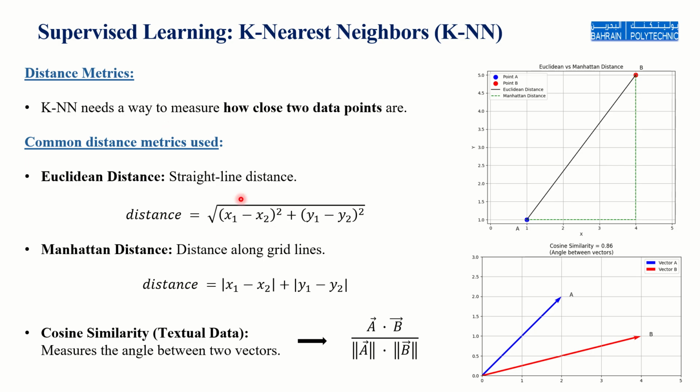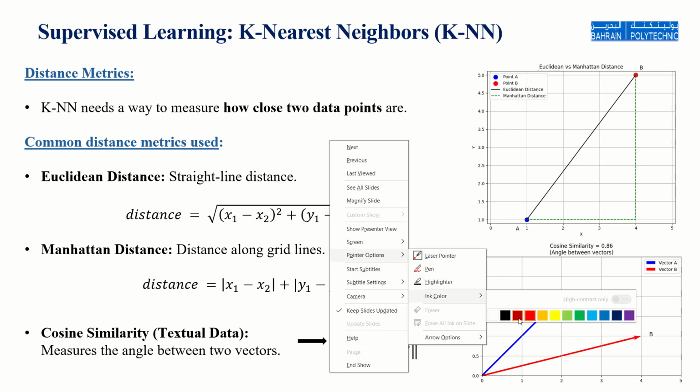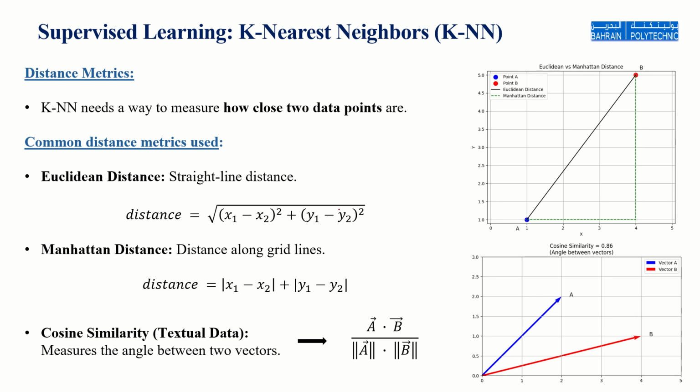You can also have a squared distance for the Euclidean. That is also possible. If you put a square over it, you will get a squared distance.